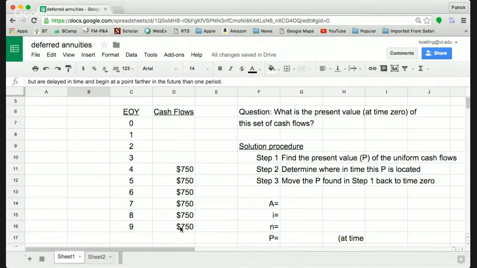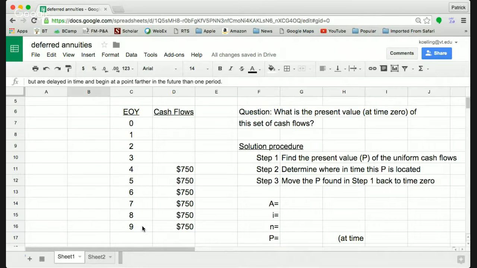And I want to say a little bit something here about the number of cash flows. We're used to finding how many cash flows there are. We're used to doing something like 9 minus 4 would be 5. But remember, when you take 9 minus 4, you're missing the one that's at 4.